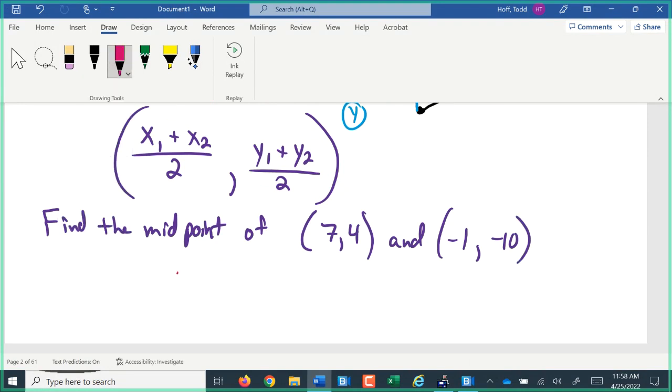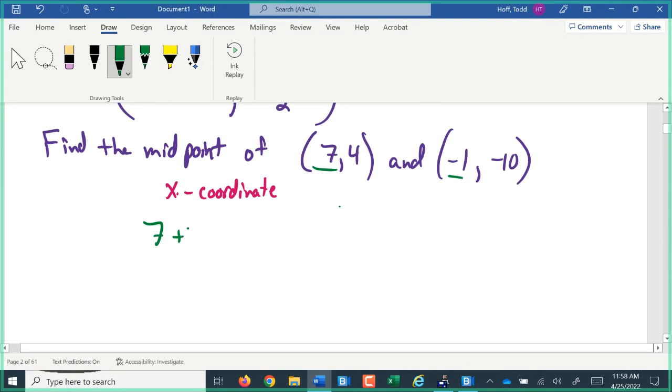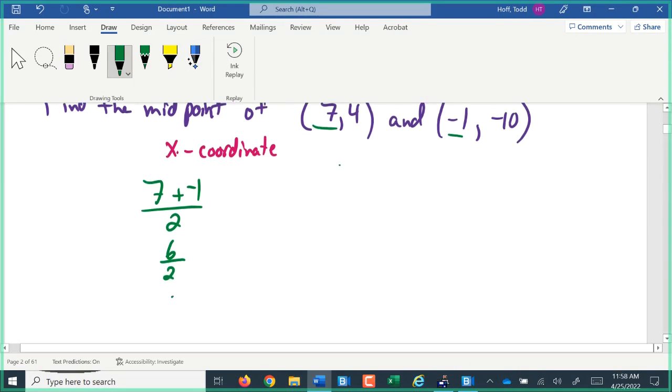we find the average of the coordinates. So the x coordinate is the average of the x coordinates. So I got 7 and -1. 7 plus -1 over 2. 7 plus -1 is 6. 6 over 2 is 3. That is my x coordinate.